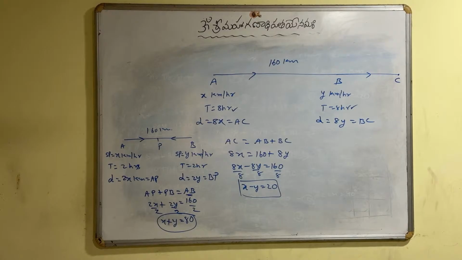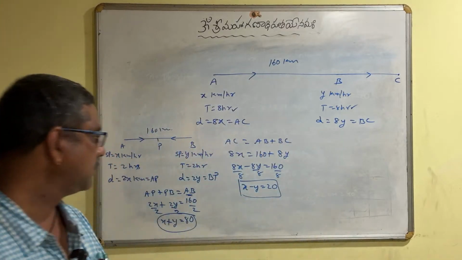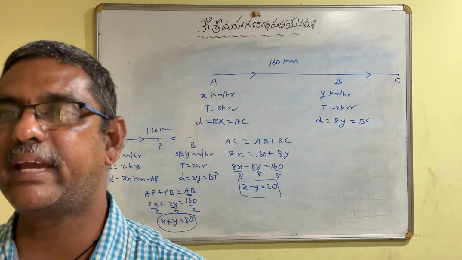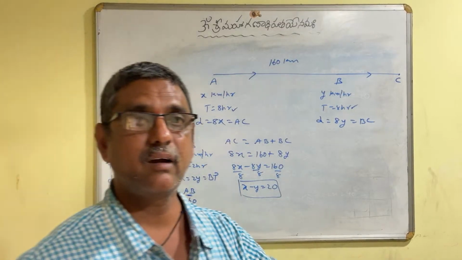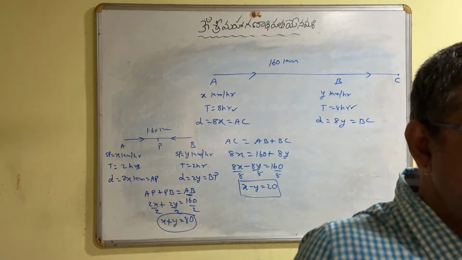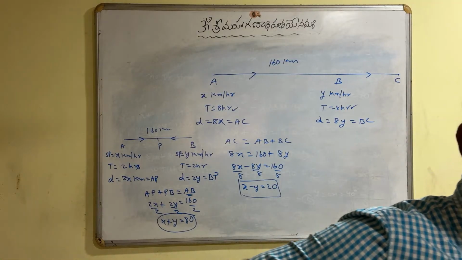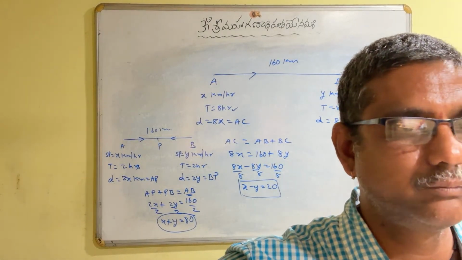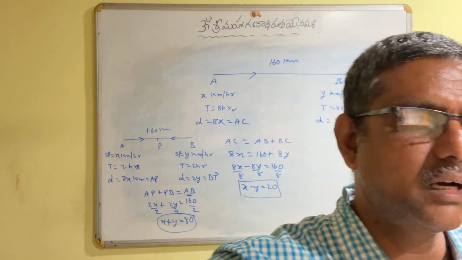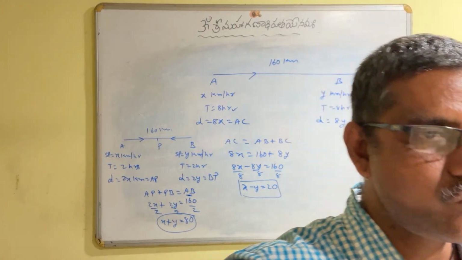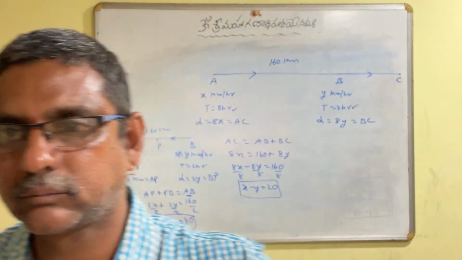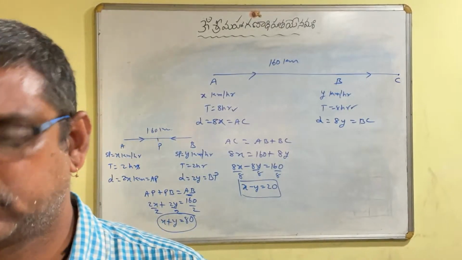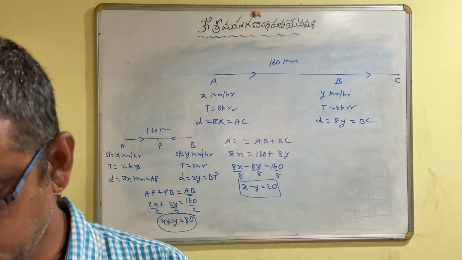X 50, Y 30. So speed of car starting from A is 50 kilometers per hour, and speed of car starting from B is 30 kilometers per hour.